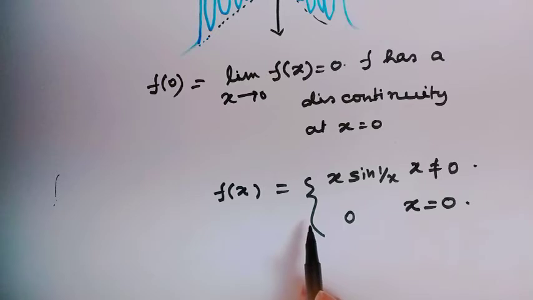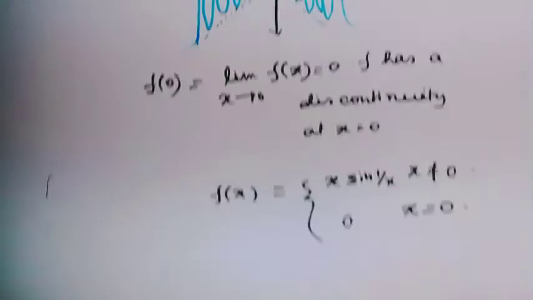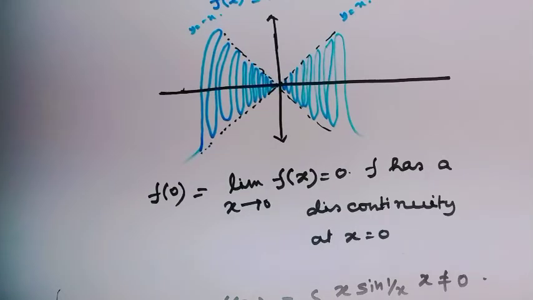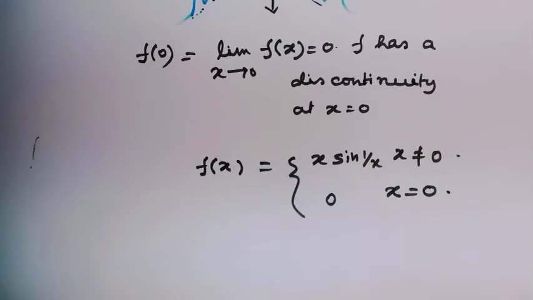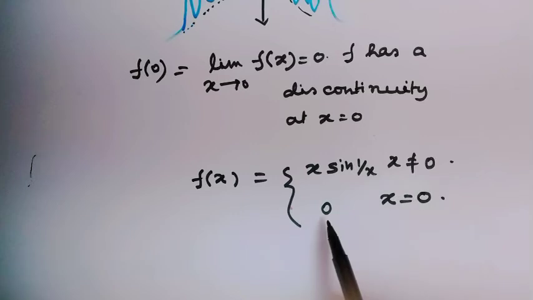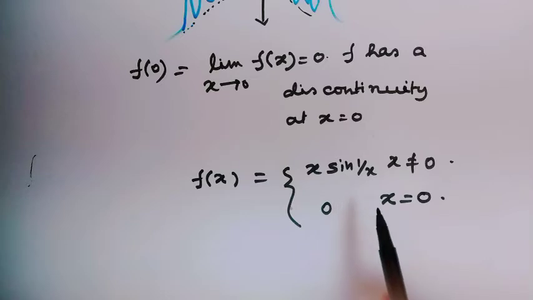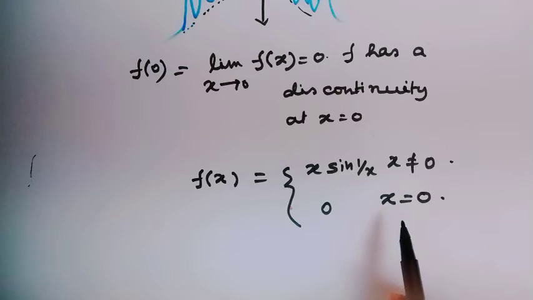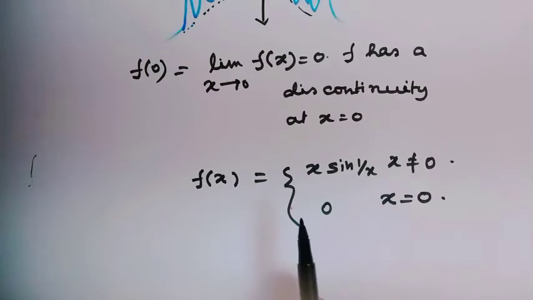Okay? This is very nice. This function is discontinuous, but if we redefine it at this point, then this will be a new function which will be continuous. What is the idea?